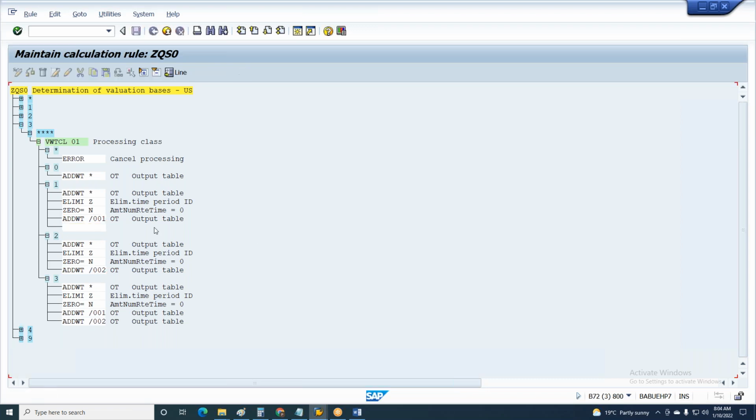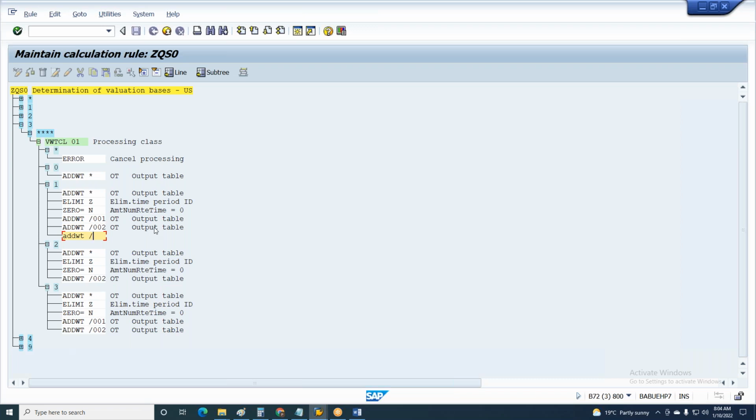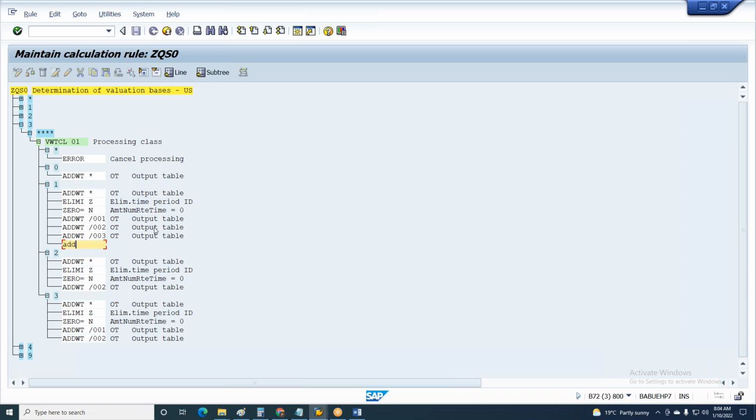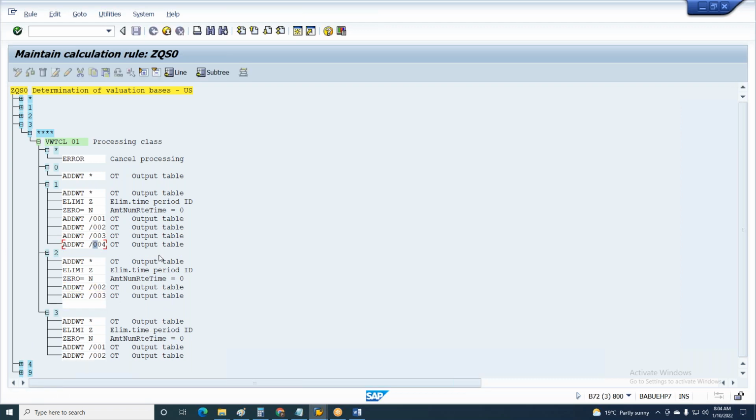Basic pay is part of these rates. Specification 2, I'm going to maintain as uniform allowance. It's part of these rates. Specification 3, I'm grouping the transport allowance and the special allowance. That's it. We are done with the first rule.